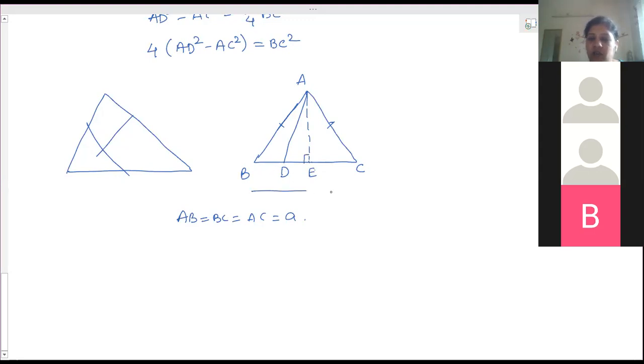Now if BC whole is A, BD is 1/3 of BC, as was told. That means it is A by 3.